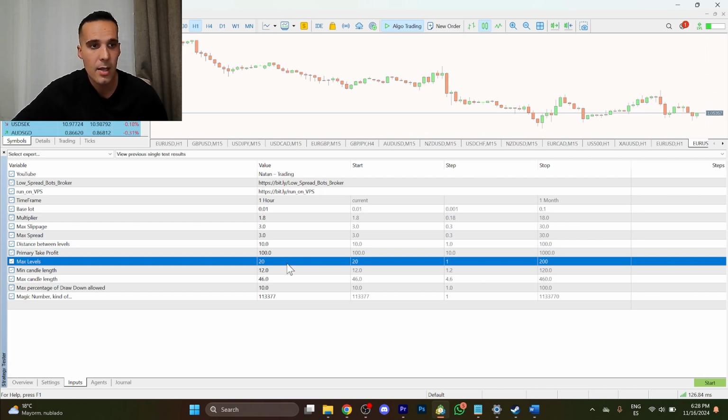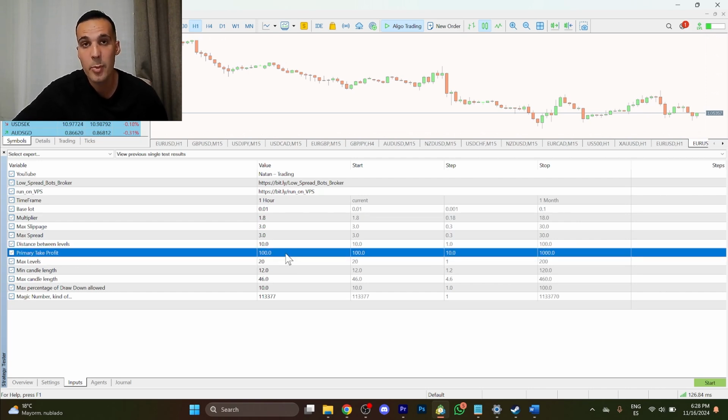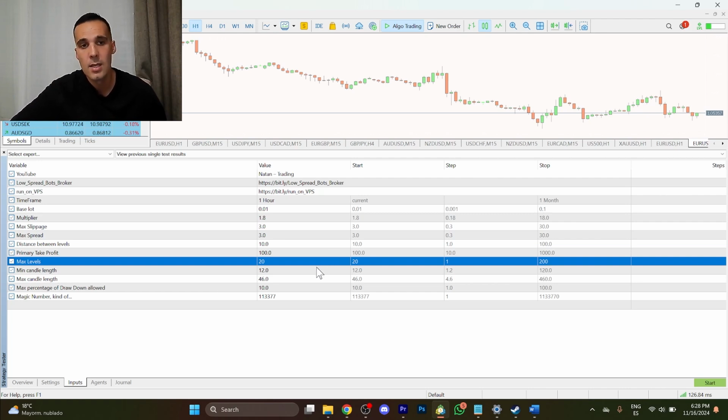Okay. Next thing, max levels. As I said, this take profit is going to be moved by the bot every time it opens a new order. Max levels. As I said before, the levels are the max trades the bot is going to open once the market goes against us.